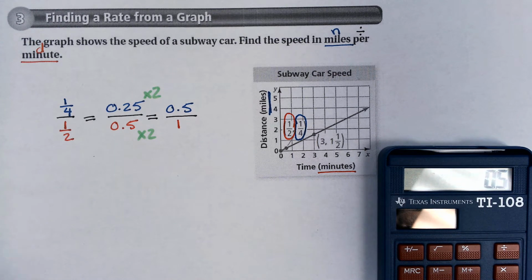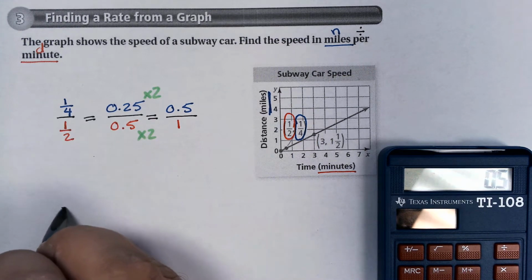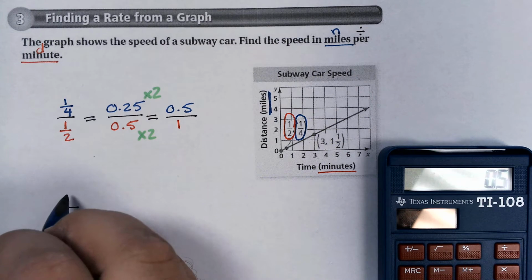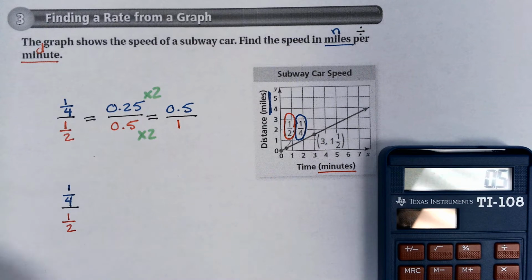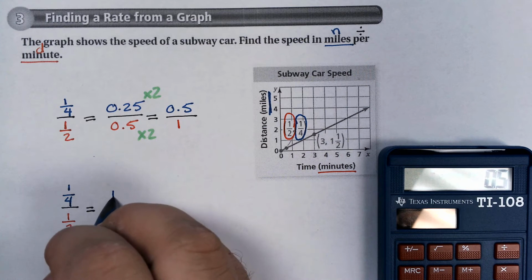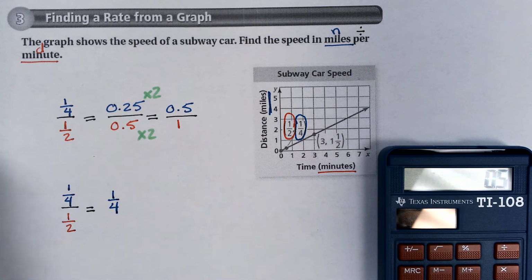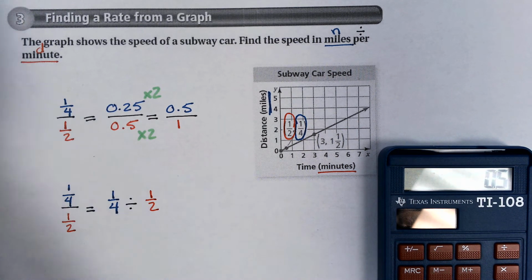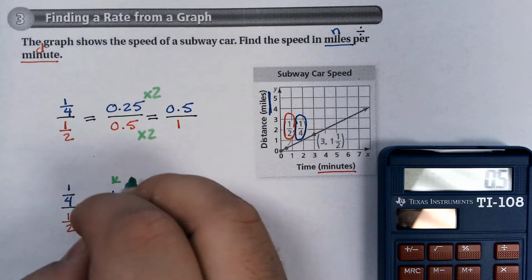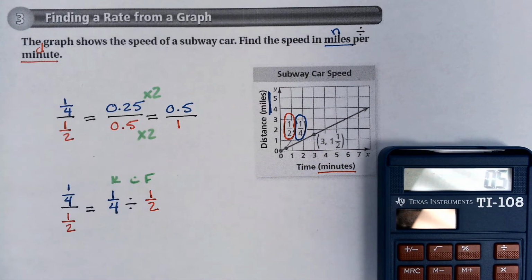Now, the other thing we could have done, we could have solved just using the fractions themselves. And what we would need to do this is recognize this is the same thing, or equal to 1/4 divided by 1/2, and then I'm going to keep, change, and flip.